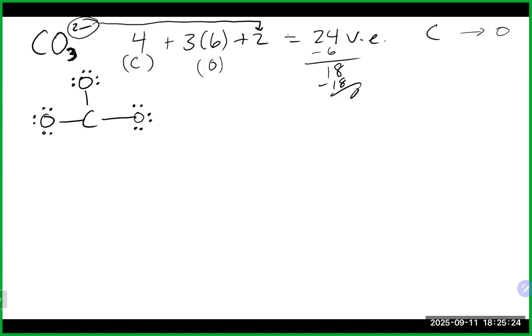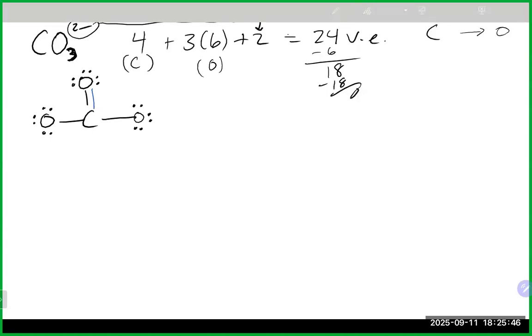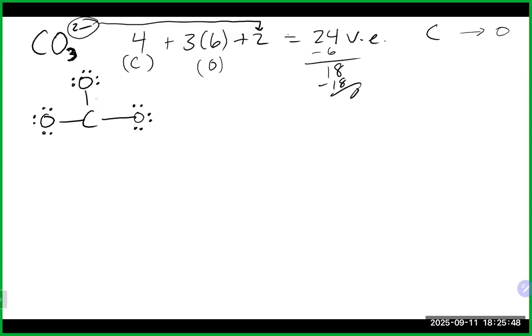Every single oxygen here is equivalent, so you can make the double bond at any oxygen. Can I just add a double bond there? I cannot, for the same reason, because now I have 26 electrons. My oxygen now has 2, 4, 6, 8, 10 up there on top, which also doesn't satisfy the octet rule. That's a problematic situation.